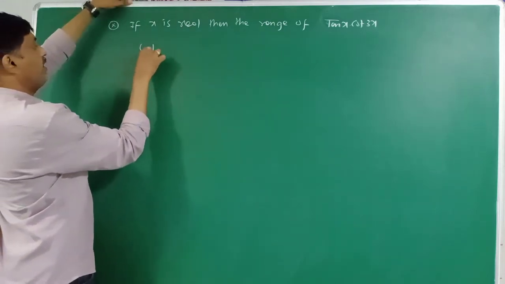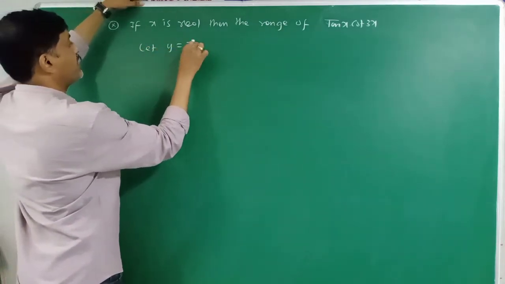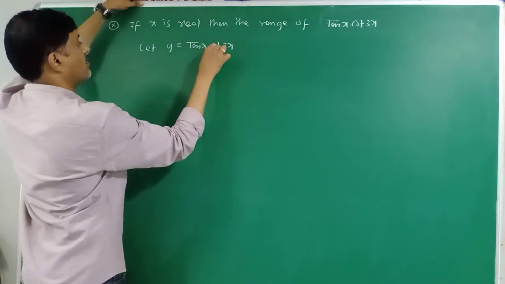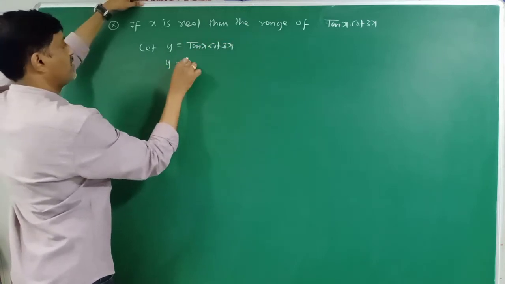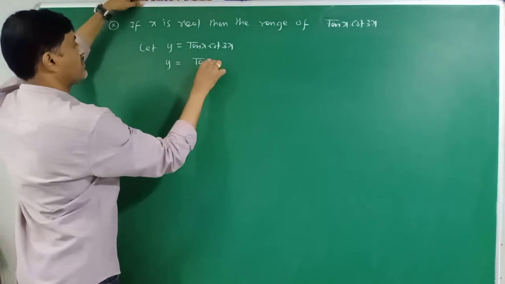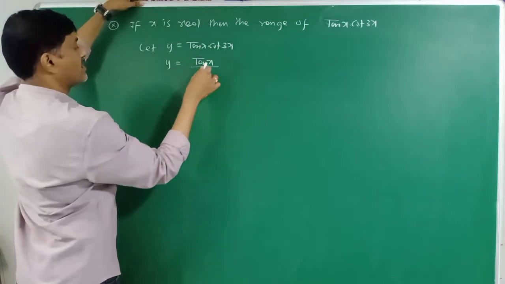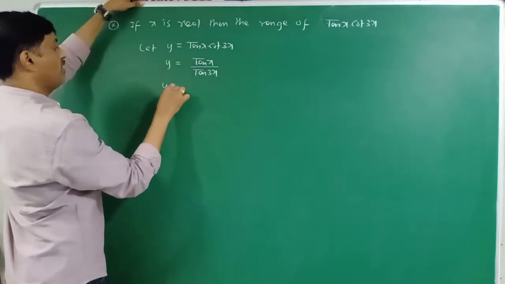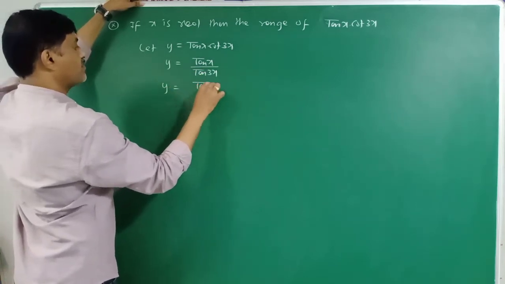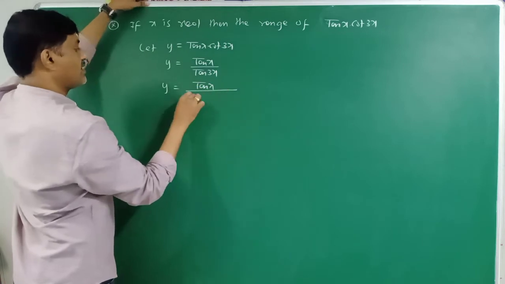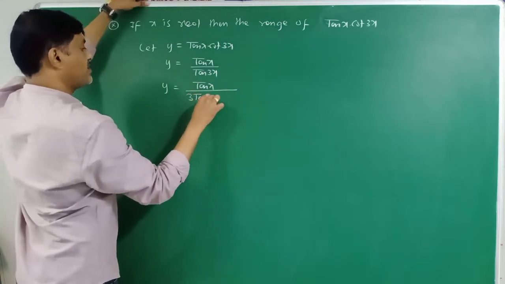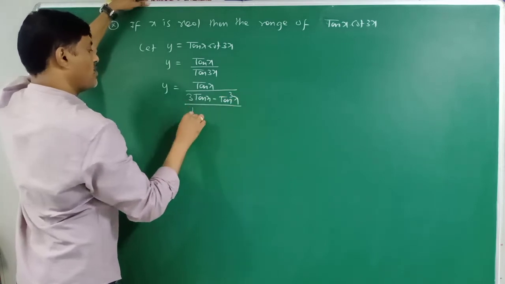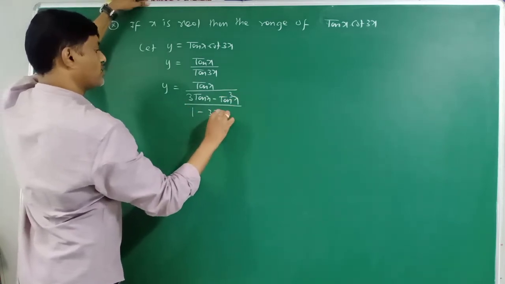Okay, let y is equal to tan x into cot 3x. y is equal to tan x by, cot 3x is nothing but 1 by tan 3x. You know very well, tan 3 theta is 3 tan x minus tan cube x by 1 minus 3 tan square x.